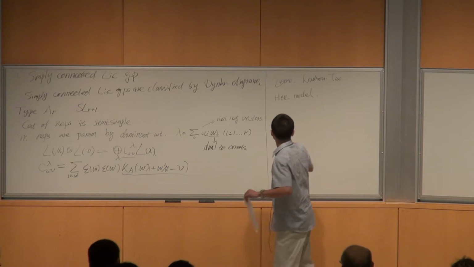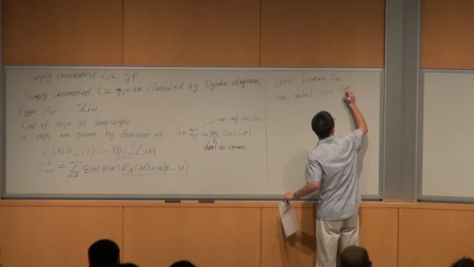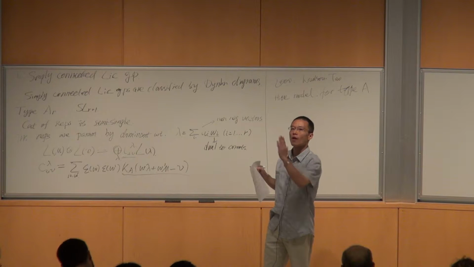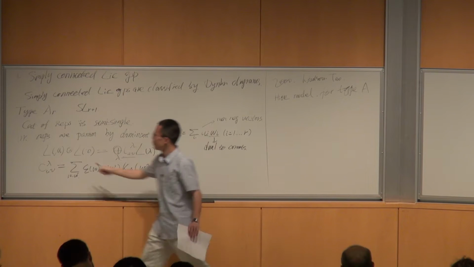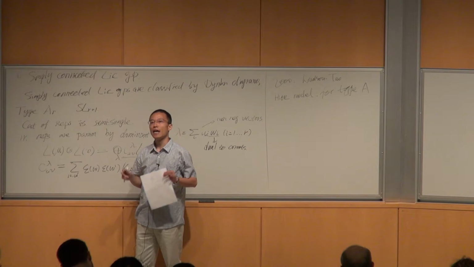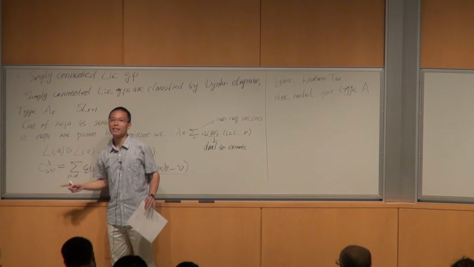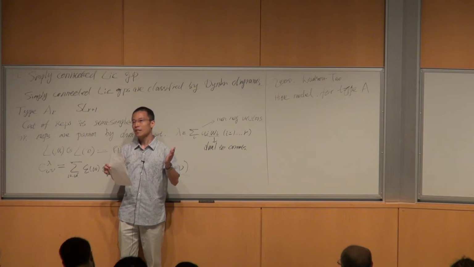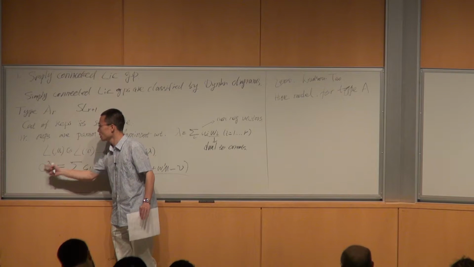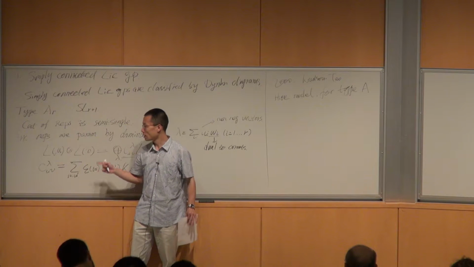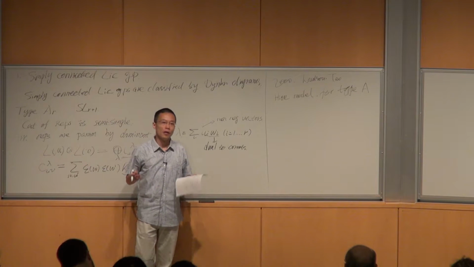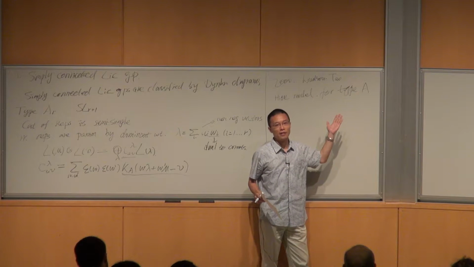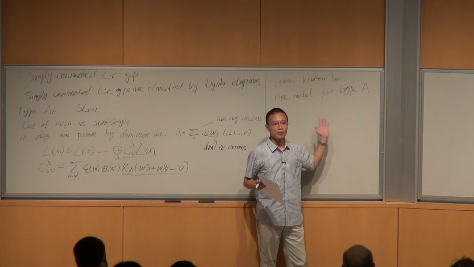Basically, for type A, they define a cone, and if you want to compute this coefficient, you just take a fiber polytope inside that cone, and this number is just equal to the number of lattice points inside that polytope. So that makes things very concrete and nice. And also because there's a polynomial algorithm to count the lattice points, it becomes a polynomial algorithm. And also they use this model to prove some deep theorems like the saturation conjecture. So this makes things very nice.